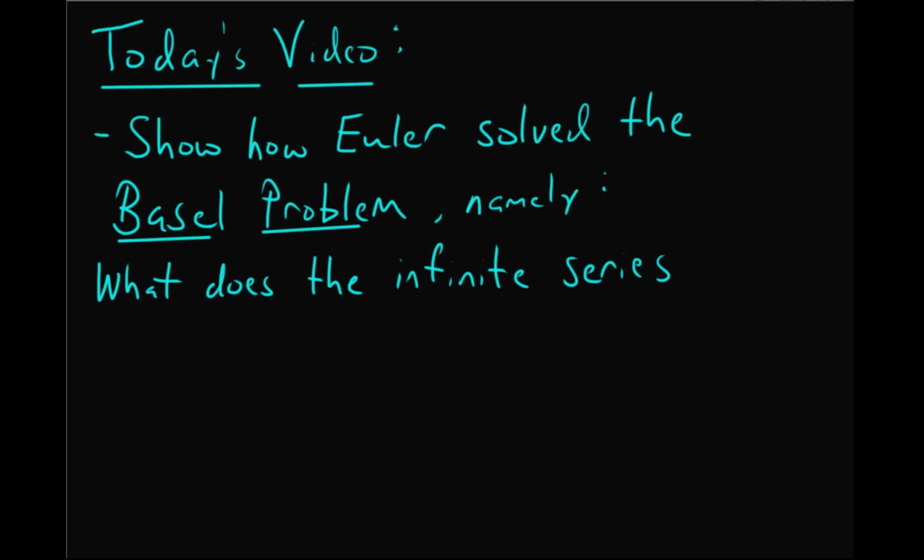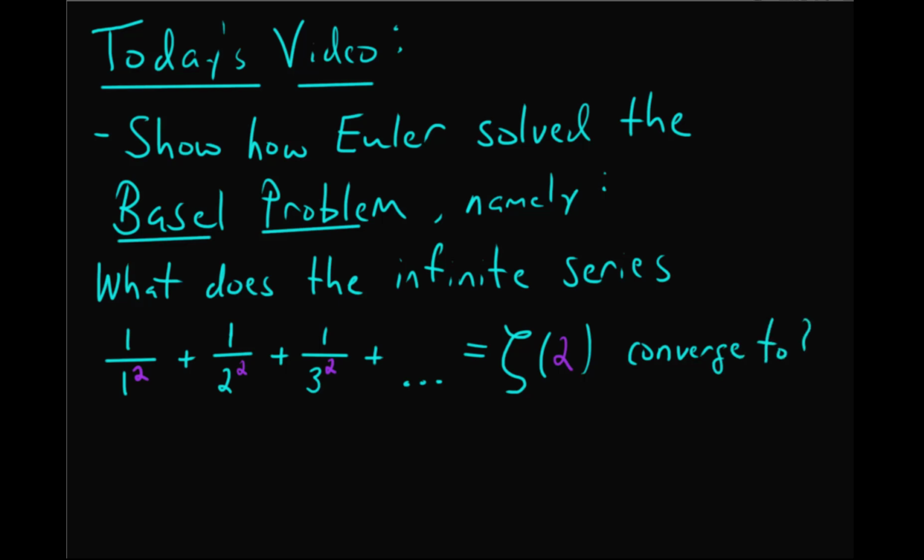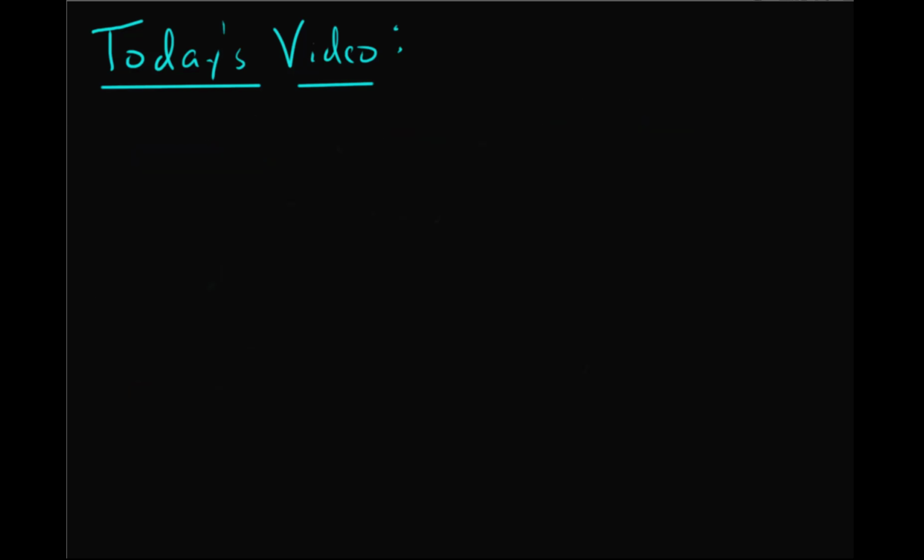What does the infinite series 1 over 1 squared plus 1 over 2 squared plus 1 over 3 squared plus ... This is sometimes referred to as zeta of 2, zeta being, of course, the zeta function. So the question is, what does this infinite series, which equals zeta of 2, converge to?